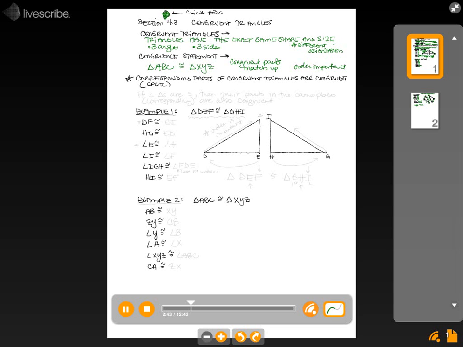Okay, this last idea says corresponding parts of congruent triangles are congruent. And we abbreviate that CPCTC.